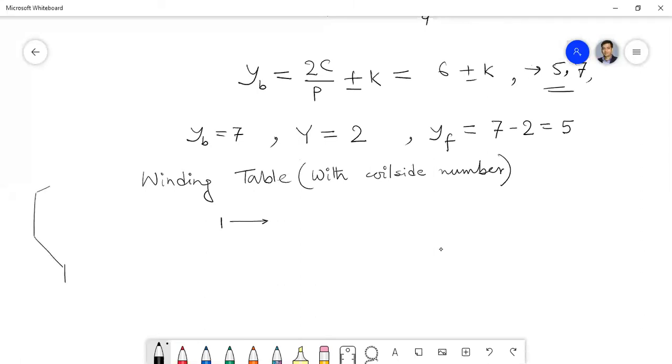Suppose this is the top coil side, so it will return back to some other coil side. I am asking this one. Then the next coil will start with the same. Everybody will think.